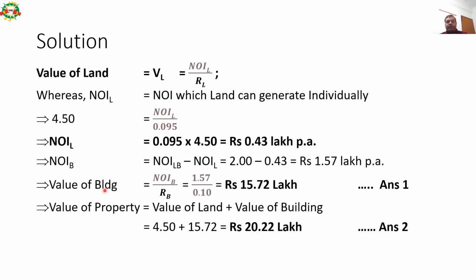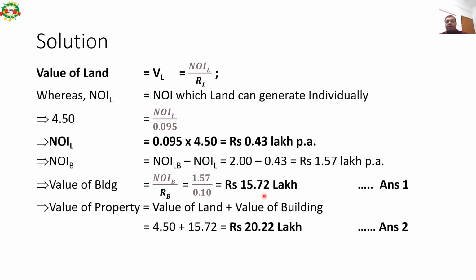Thus value of building is equal to NOI building divided by capitalization rate of building. This formula we know for perpetual income from the property, and we have discussed it in previous sessions on income approach to valuation. So NOI from building is 1.57 as calculated, and capitalization rate for building has already been given in the question, which is 10%.